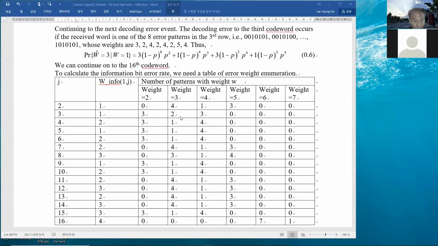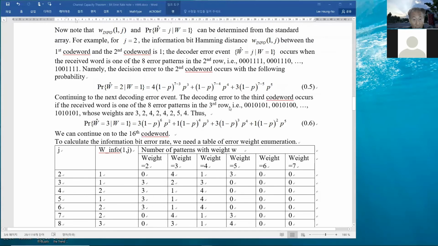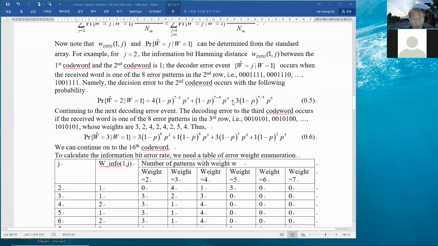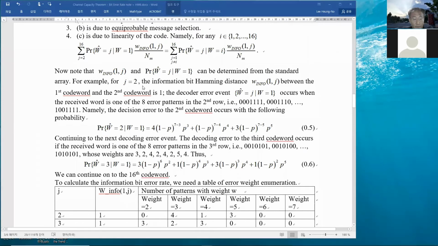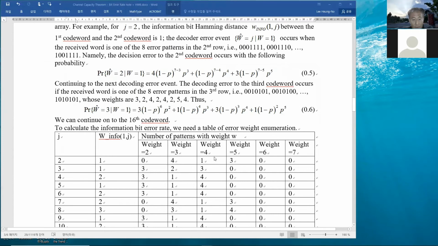And this is the 4 1 3 that we had before. 4 1 3, 4 3-bit, 4-bit, 5-bit errors. So 3 4 5, 4 1 3.